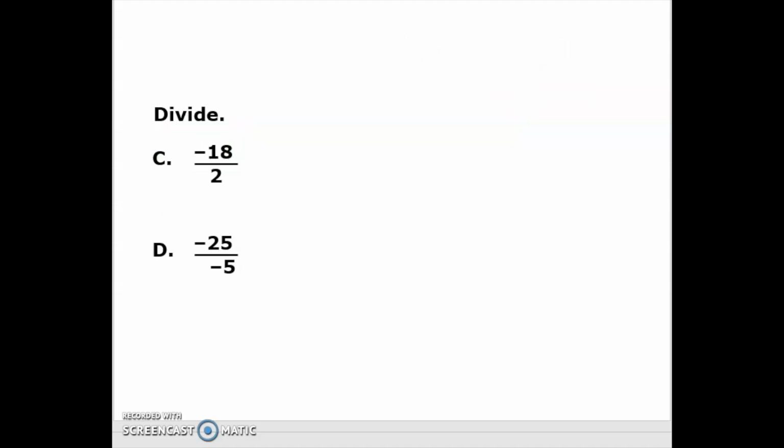Now I want to bring this up because for some of us, this might be kind of new to see this symbol. This is another way of writing a division symbol. This is called a fraction bar. In fact, this is how you're going to see division written most of the time going forward.